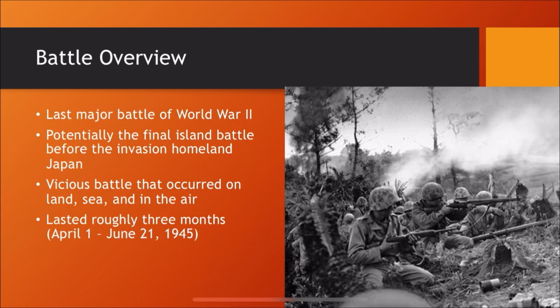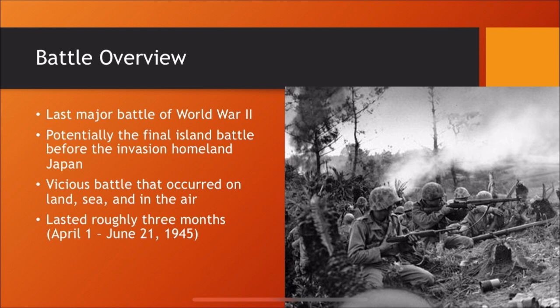Here is a basic battle overview of the Battle of Okinawa. This was considered the last major battle of World War II. Originally, this was planned to be the final island battle before the potential invasion of the Japanese homeland.